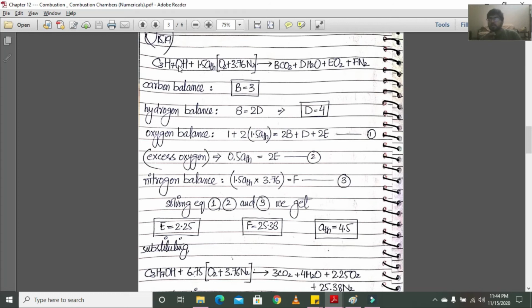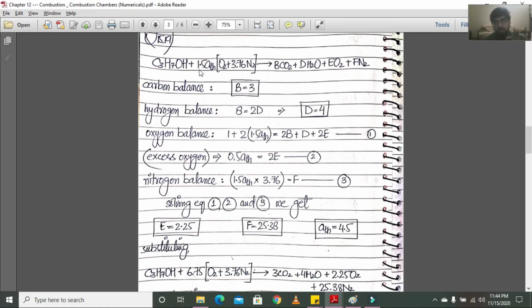So here it is preferable to balance the atoms of oxygen. So I have 1 atom of oxygen in fuel plus 1.75 times of ATH, and again multiplied with this 2, since we are talking about the oxygen atom, not oxygen molecule.